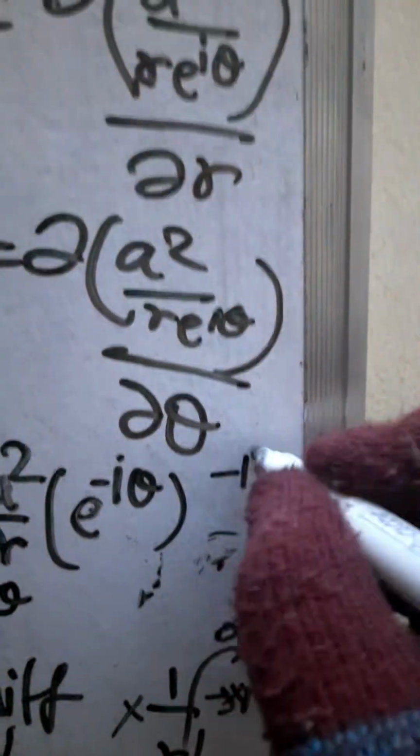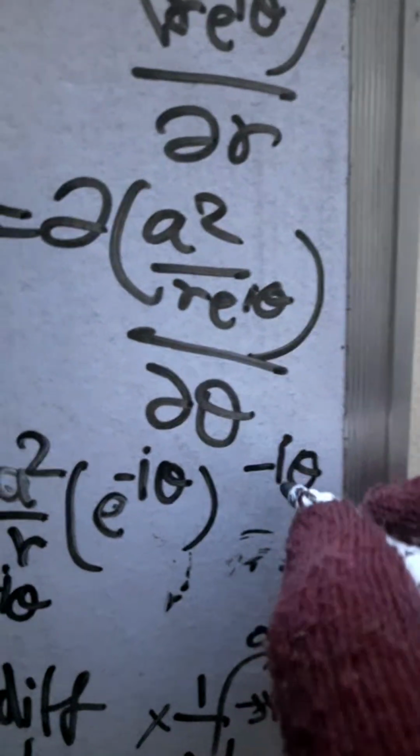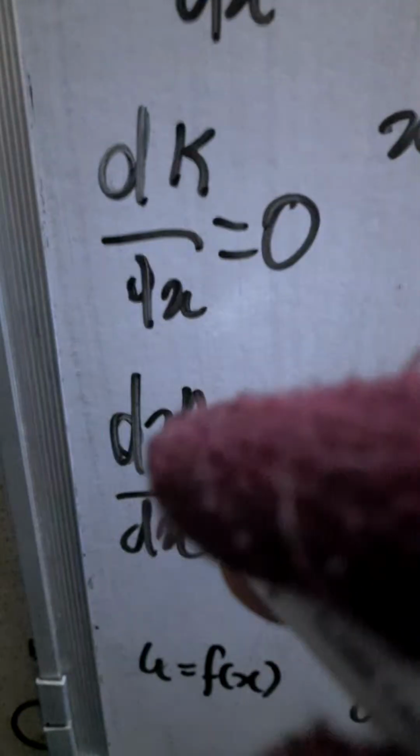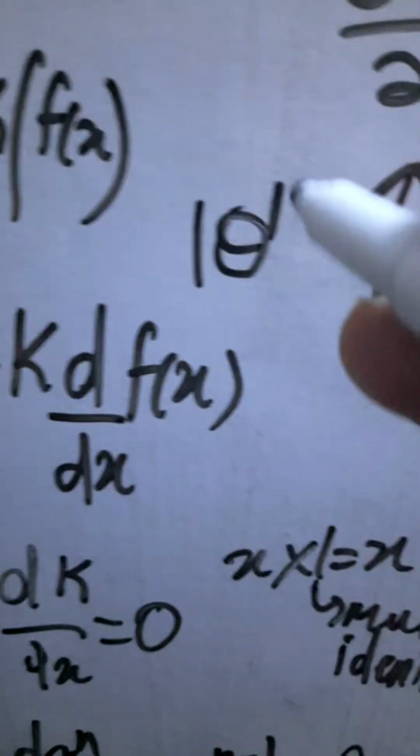Now I have to take the derivative of minus i theta. The derivative of minus i theta would be minus i, the constant, taken out, and del theta by del theta, which is 1. Let me show you: theta raised to 1. The 1 came up here because of the n x raised to n minus 1 rule. What is raised here? n. What is raised here? 1.